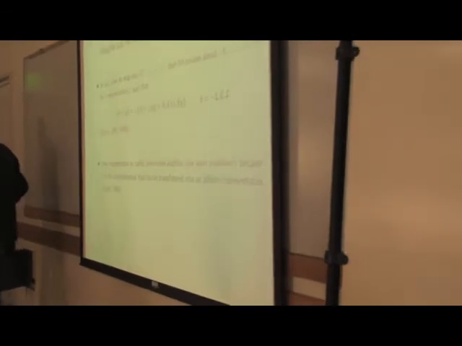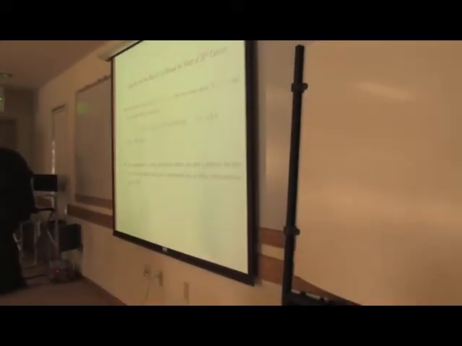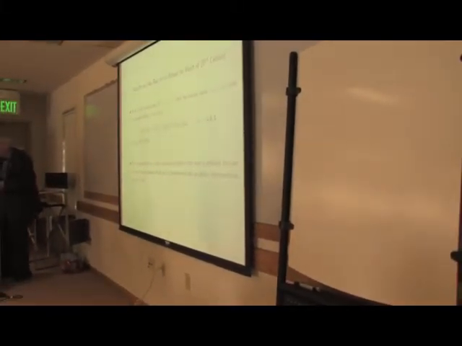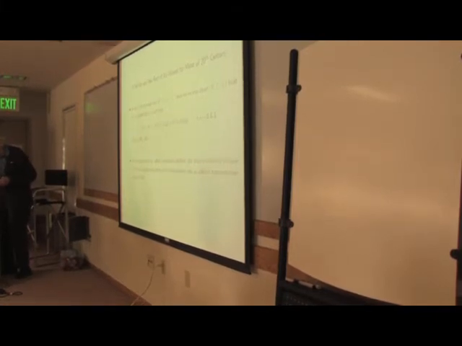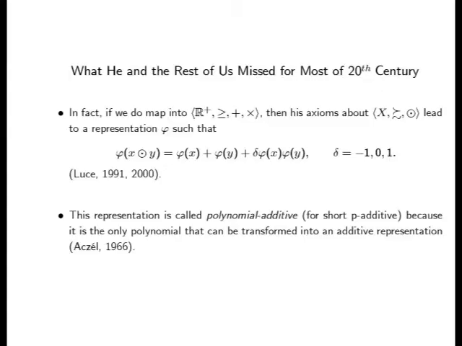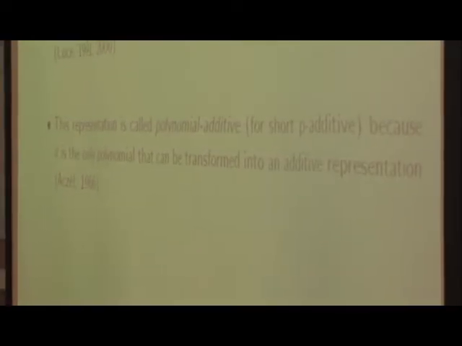Now, in the physical case, he had distribution conditions that, let me say, we call this representation P additive, meaning P for polynomial, because it had been shown in the functional equation literature that the only polynomial that you could map into the additive representation was this particular polynomial.